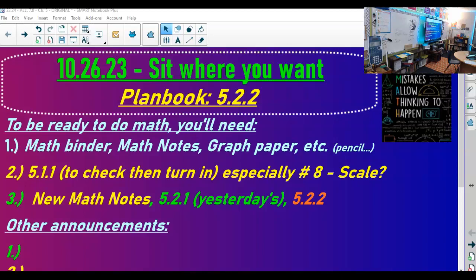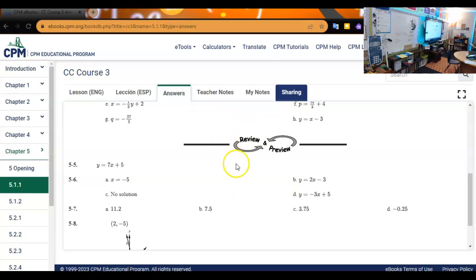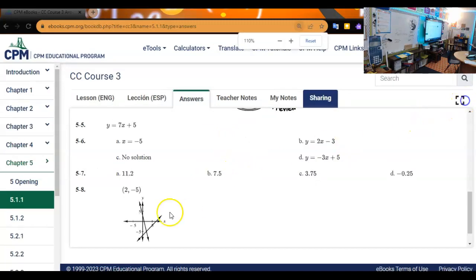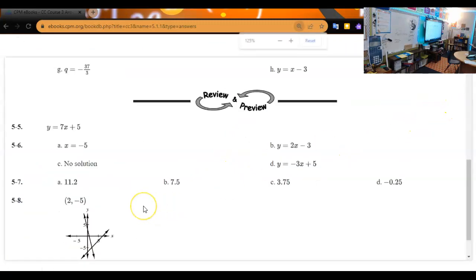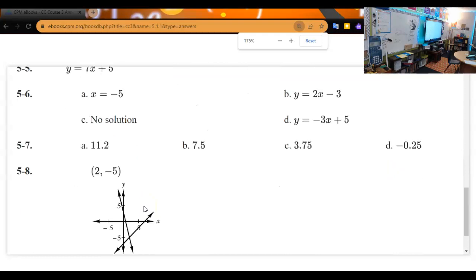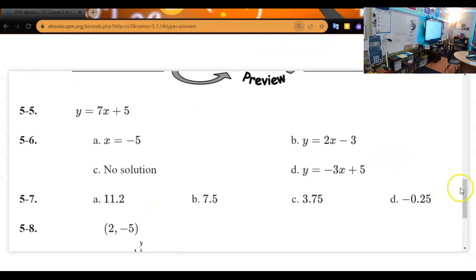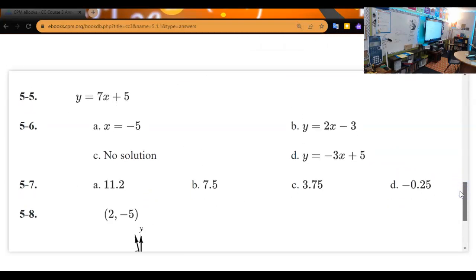So for today, our answer key that we're checking is just going to be kind of lame because it's just straight up the answers. So on 5.1.1, because we're turning it in today, do we have questions about the answers that we see up here?